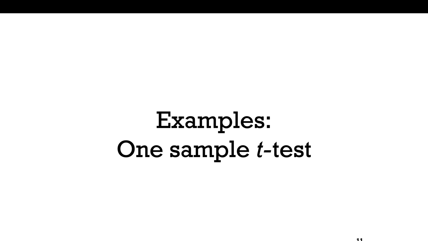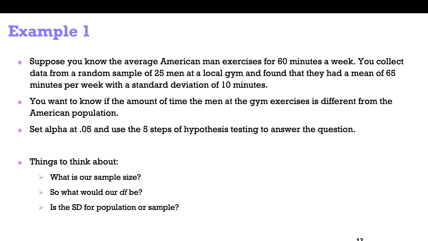Very similar to how we did z-scores and z-testing. Okay, so example 1. Suppose you know the average American man exercises for 60 minutes per week. You collect data from a random sample of 25 men at a local gym and found that they had a mean of 65 minutes of exercise per week with a standard deviation of 10.